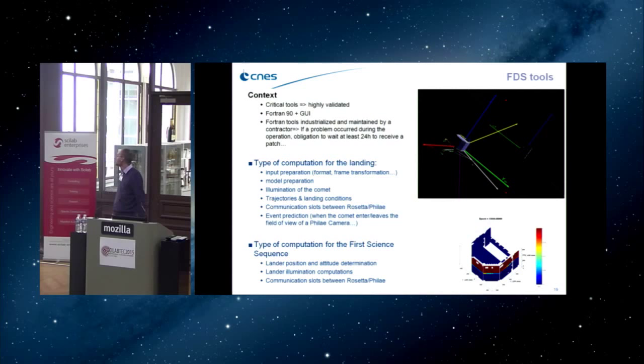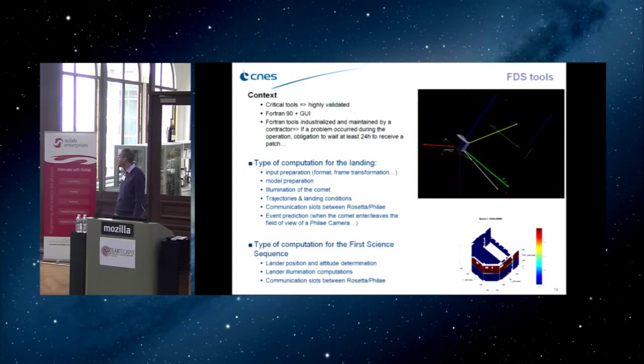And we also have to do some prediction of events for a scientific instrument on board Philae. For example, they wanted to know when the comet during the descent will enter the field of view of the camera or leave the field of view of the camera to know when they can take some pictures. We also have some work for the first science sequence.